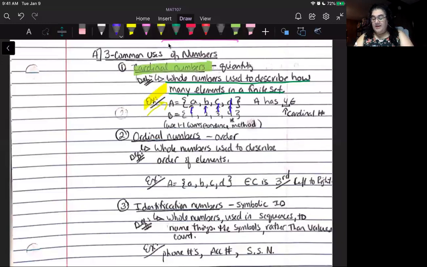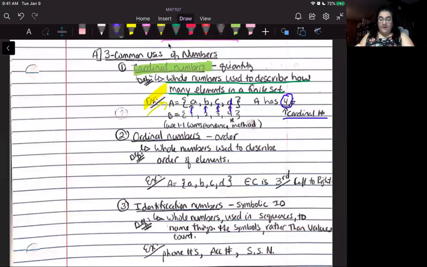And we can see that set A has a total of 4 elements: A, B, C, and D. In this case, the number 4 right here is being used as a cardinal number. It is being used as a number to describe how many elements there are in a set.